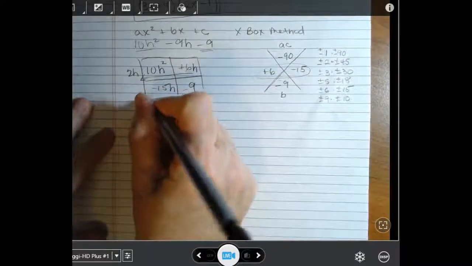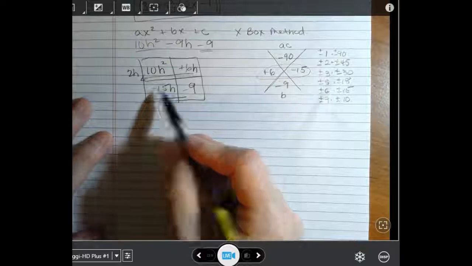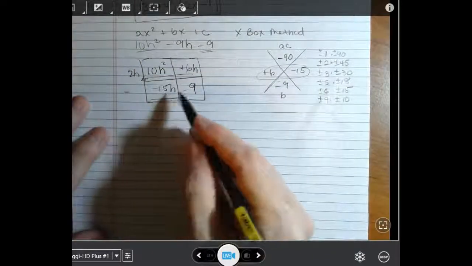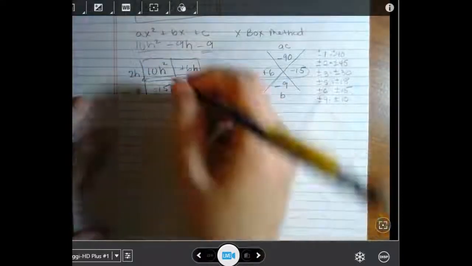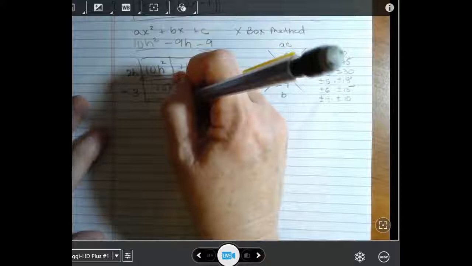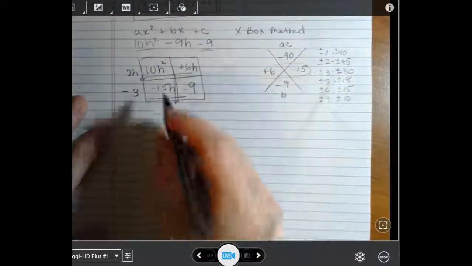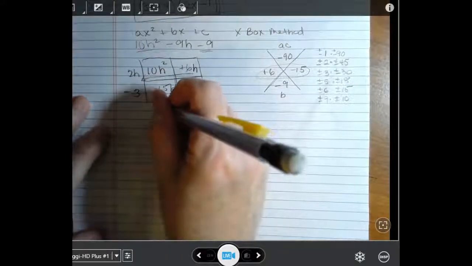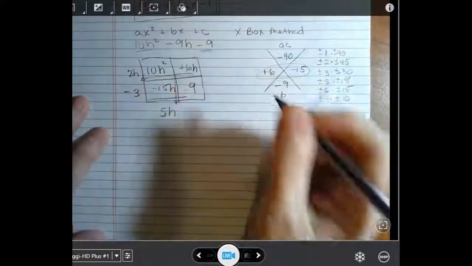Then I'm going to look at the second row. They both have negatives, so I can factor a negative out, and I can factor a 3 out of both of those. And then pull this down. On here they both have an h, so I can get at least one h, and it looks like I can factor a 5, not a 15, a 5.